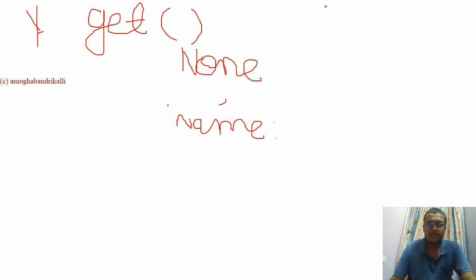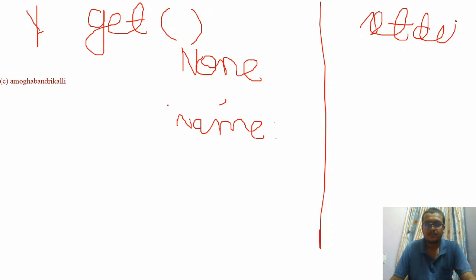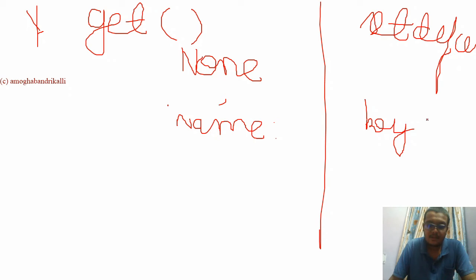There is another method called setdefault, which is the same as the get command, but the only difference is that the key will be set to the default value.